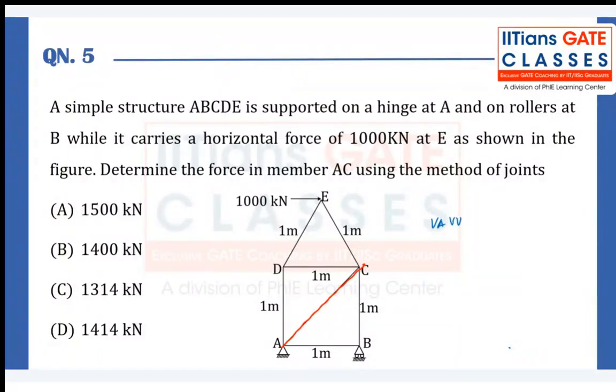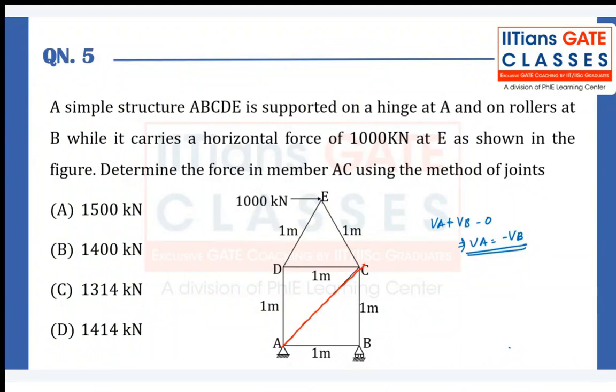VA plus VB has to be equal to 0. Okay. There is no external vertical force, so we cannot conclude anything. At this point, we can just say that VA is equal to minus VB, we can say.